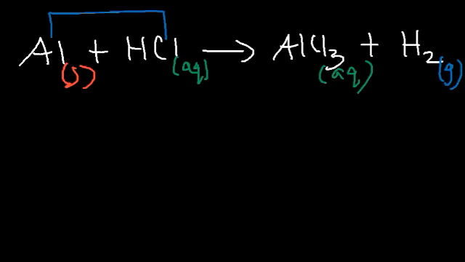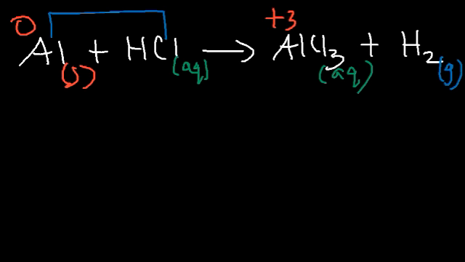Now, this single replacement reaction, is it a redox reaction? It turns out that all single replacement reactions are redox reactions. Notice that we have a pure element and a compound, so it's a redox reaction. Now, which substance is oxidized and which one is reduced? So aluminum is in the 0 oxidation state because it's a pure element, but in its compound is +3.